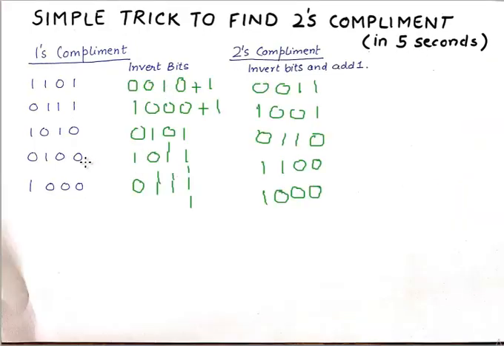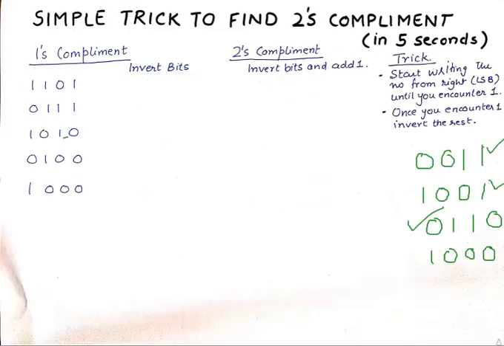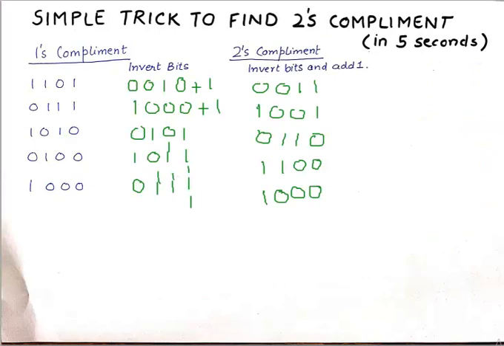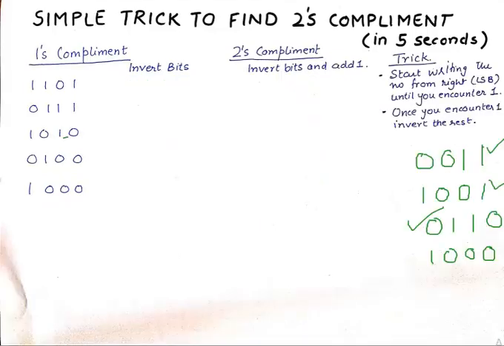And the fourth number is 1100. I guess I skipped the fourth one here, so I'm doing it for the last one, which is this. So this is also correct.